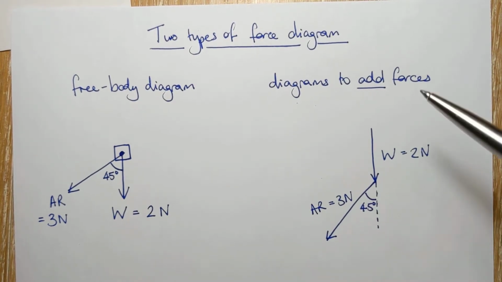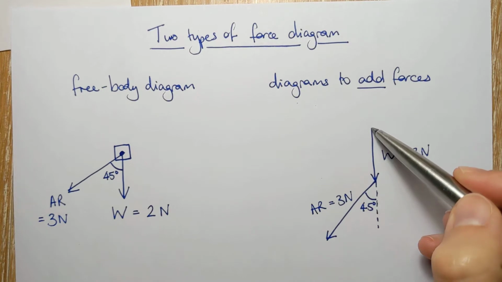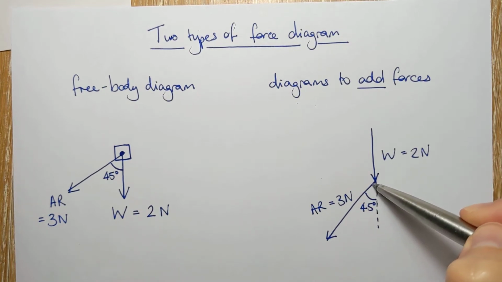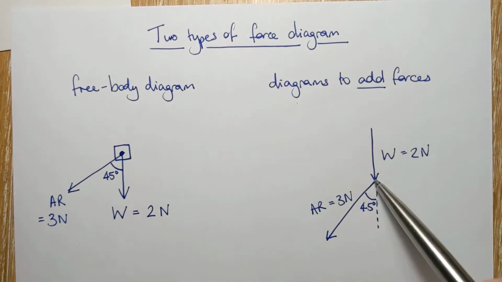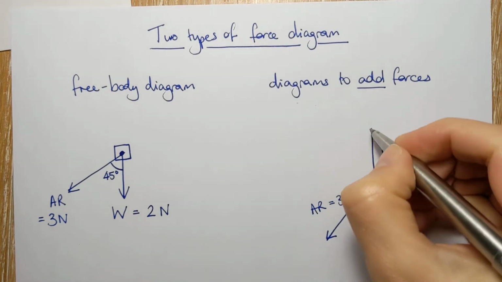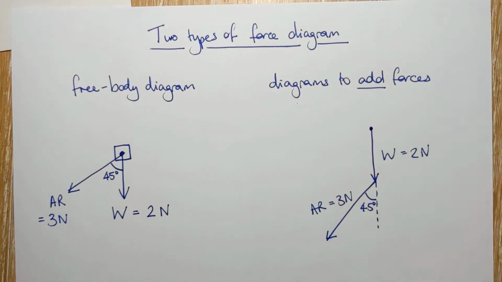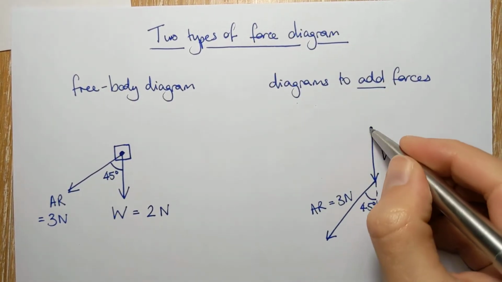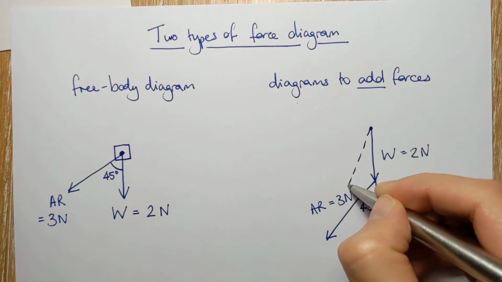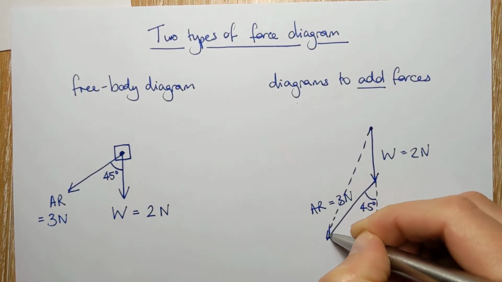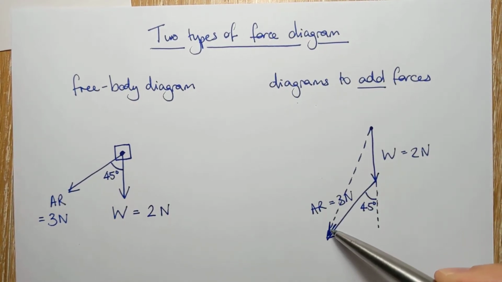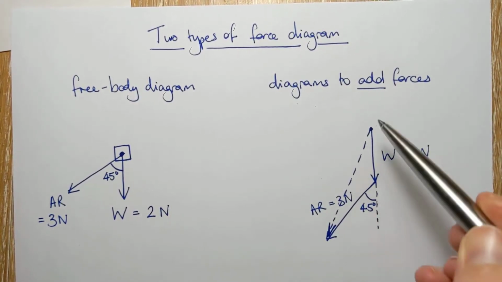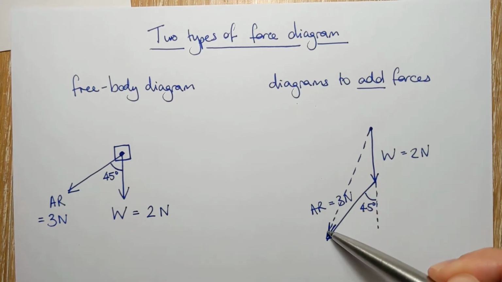We often describe this as drawing them nose to tail, where one arrow finishes, the next one starts. But what's the answer? What is this plus this? It starts from where the first arrow starts, and it finishes where the last arrow finishes. So this here is my answer. This force plus this force equals this total force.